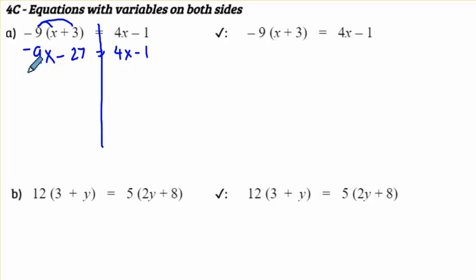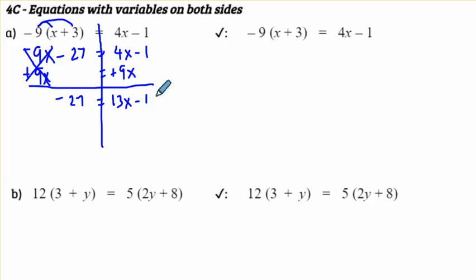So I'm going to add 9x to both sides. So I'm going to draw my line here. These do cancel out. They are absolutely opposites. So I'm left with a negative 27 equals 4x plus 9x is 13x minus 1.